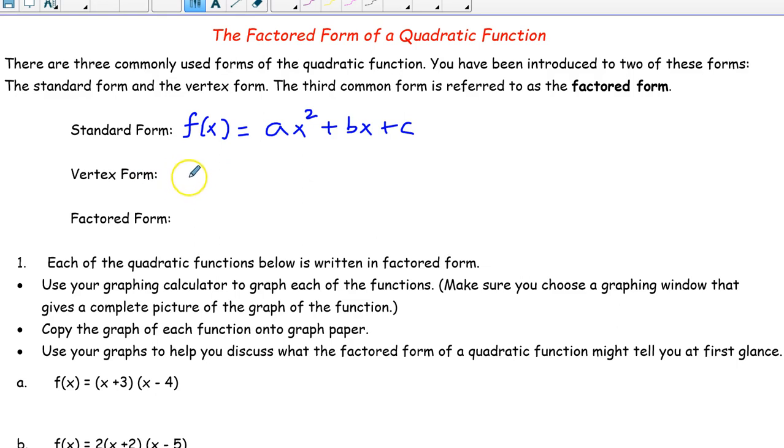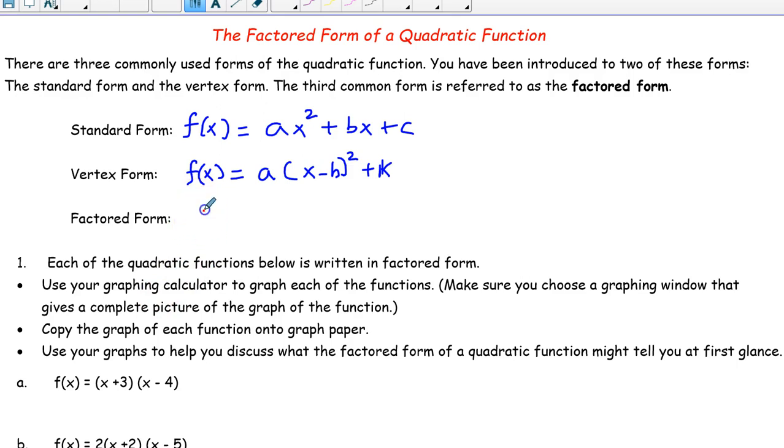Whereas the vertex form is f of x is equal to a times x minus h whole square plus k. Here this h comma k makes the vertex, that's why we call it the vertex form. And the third is the factored form. Today we are going to look at that factored form of quadratic function.